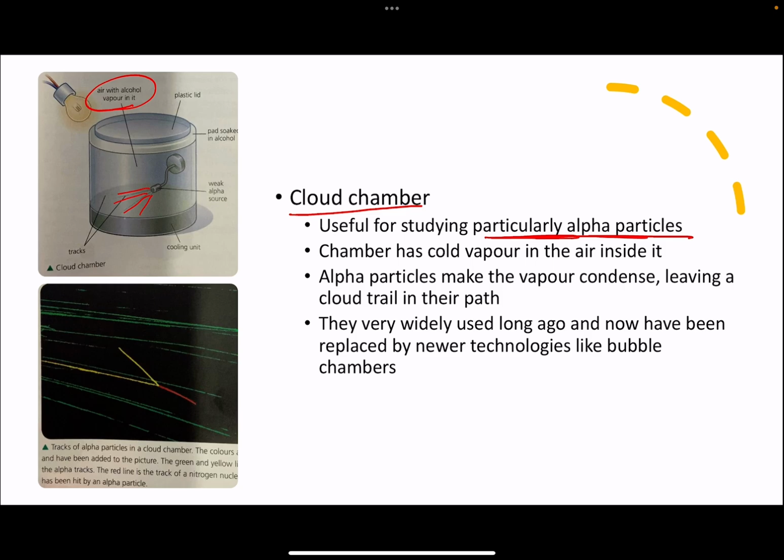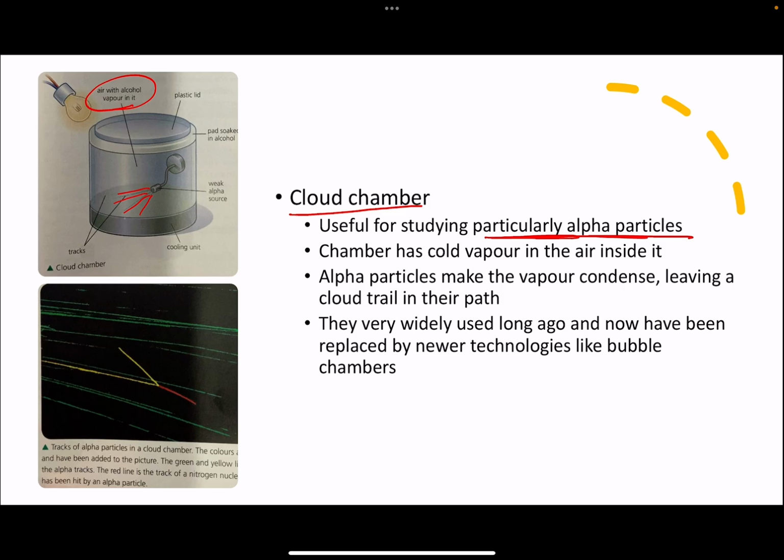You must have seen sometimes up in the sky, if there's a rocket or there's something going across the sky, it leaves a trail behind it. So what you see in this chamber is very thin tracks of clouds that are being left behind by the trail of the alpha particle, and that trail can be studied to actually learn the properties of alpha particles.